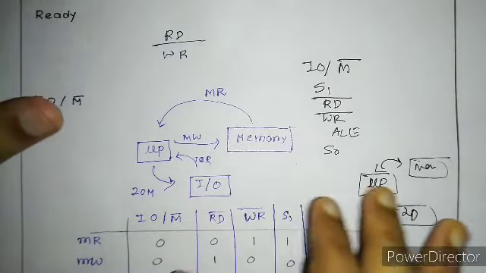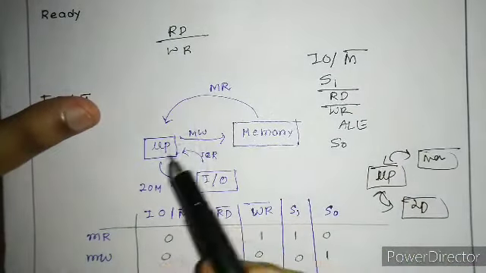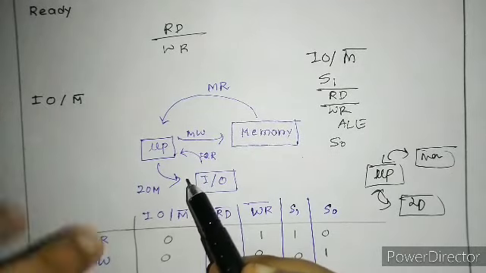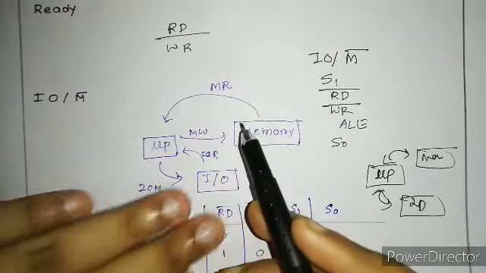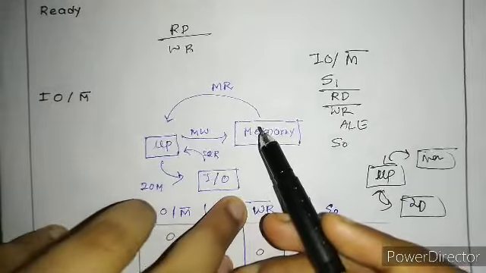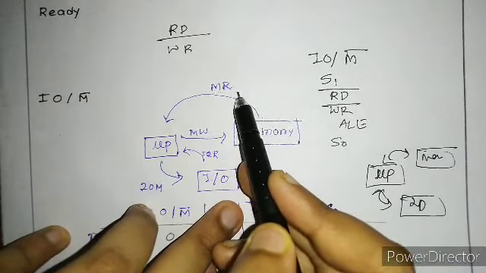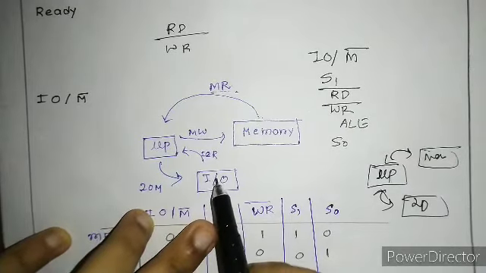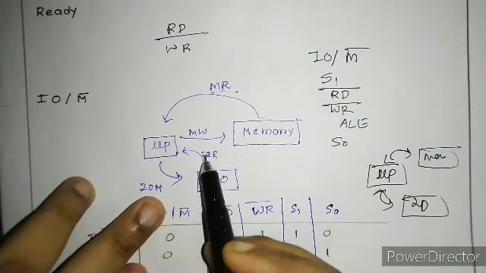So how many operations can we perform with them? I'm an MPU, okay? I want to read some information from memory, so it will be MR. I want to write, MW. I want to read some information from IO devices, it will be IOR.